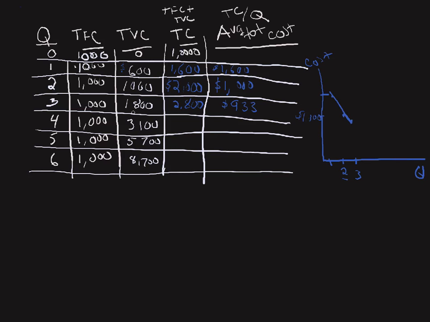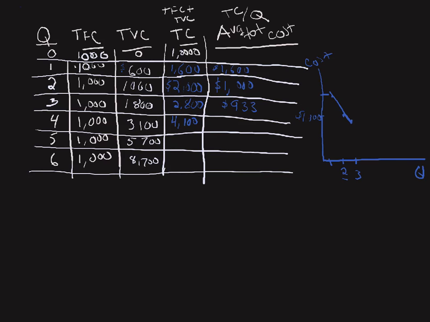Let's move on and produce one more. Now we have 4. Now 4 ends up with a total cost of $4,100. We've had to hire more people, we've had to bring more resources in, and we end up with higher total variable costs of 3,100. Looks like we've got a problem. It only cost 800 to produce one extra unit. Now it costs much more. How much is that? That's $1,300 more.